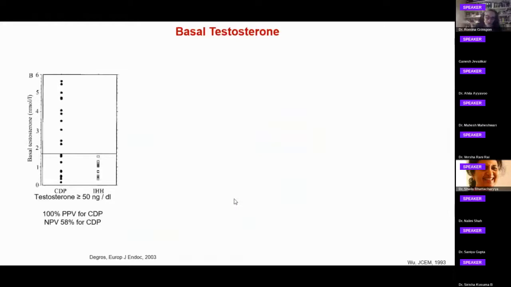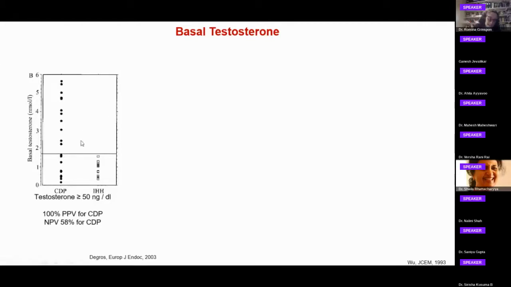Basal testosterone has a bad reputation, but what we have to know is which information testosterone can give us. On the left, we can see the results of one study that evaluates the utility or predictive value of testosterone level.